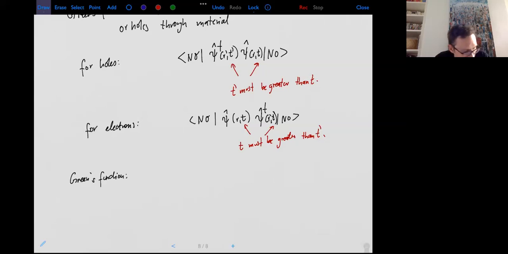It actually combines these two quantities in the following way. So there's a minus i, whatever, that's not really important. And then we've got these Heaviside step functions, which basically express mathematically what I've written down here about the ordering of the times.